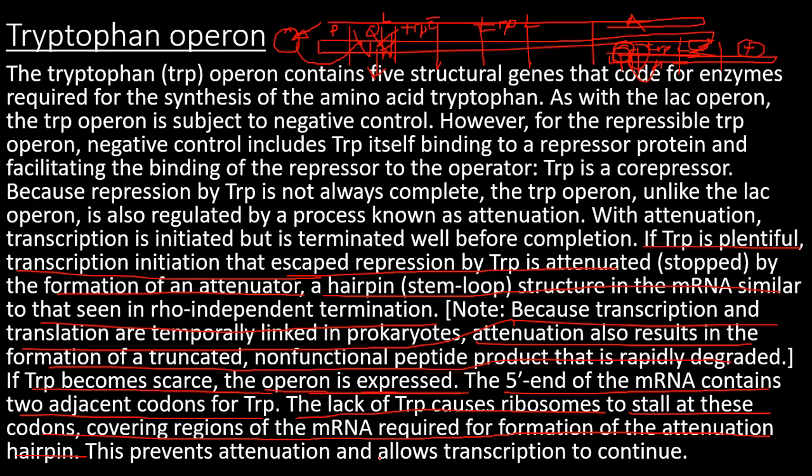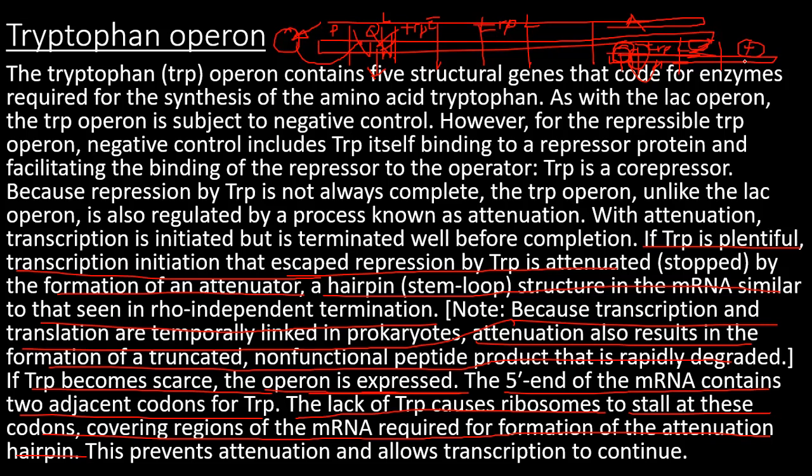Okay, so when tryptophan is present, the ribosomes will proceed with the translation, and there will be formation of a stem loop, or hairpin, between region 1 and region 2, which will allow formation of another stem loop between region 3 and region 4.